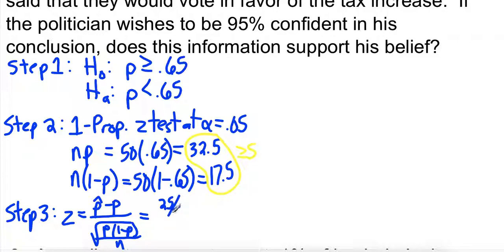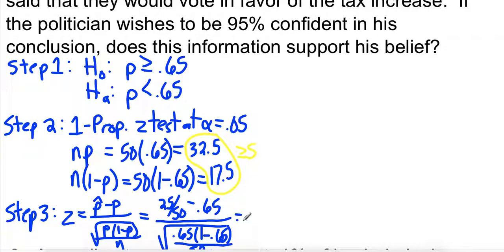So 27 out of 50. p comes from the null and alternative hypothesis, that's 0.65. And then we have p again, 0.65, 1 minus 0.65, and n was 50. I'm really running out of space there. Be really careful plugging that all into your calculator. You'll definitely want to put the entire numerator in parentheses, otherwise it's not going to work out right. And when you do that, we get 2.25 as our z-value.